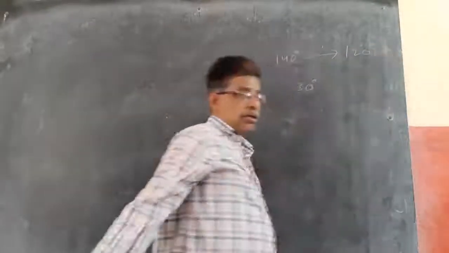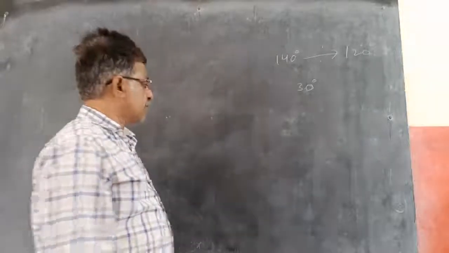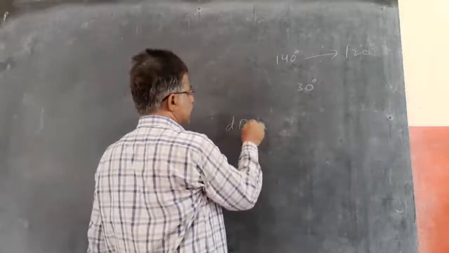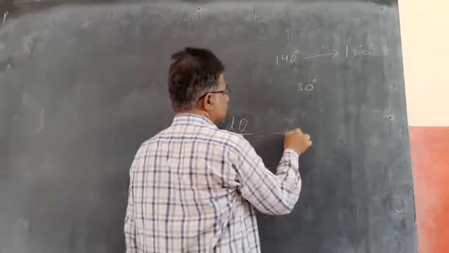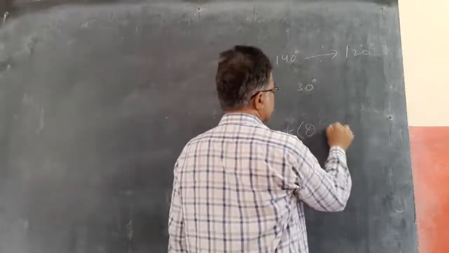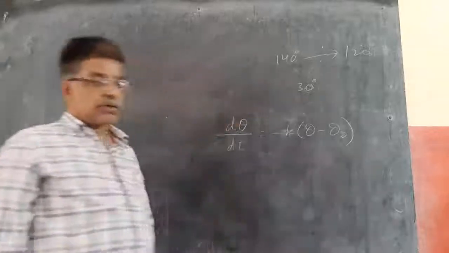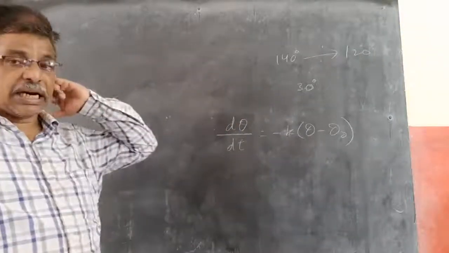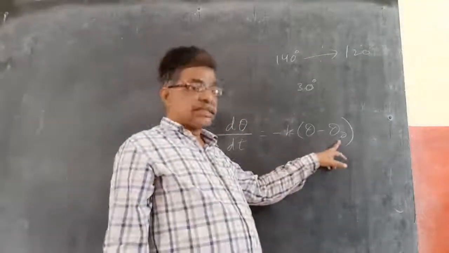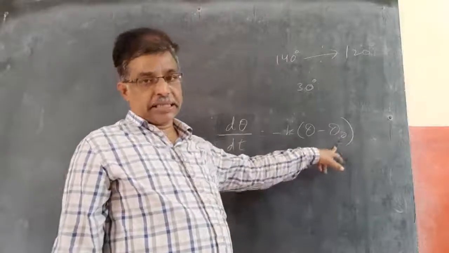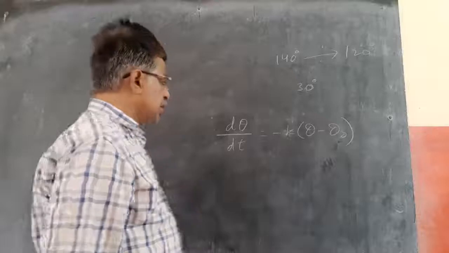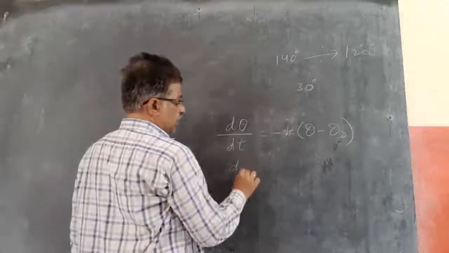You can solve this using differential equations with the relation d theta by dt equals minus k into theta minus theta naught, where theta naught is the room temperature. Using this relation, you can find the cooling effect.